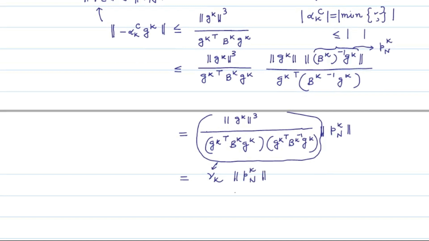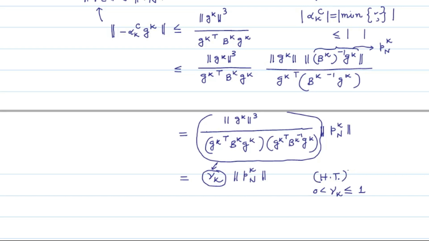p_k^N. Now, I am giving a home task here. This gamma_k is certainly greater than 0, and can we prove that this gamma_k is less than or equal to 1? This is just a simple application of the Cauchy-Schwarz inequality. Try to prove it on your own. I am keeping it aside as a home task.